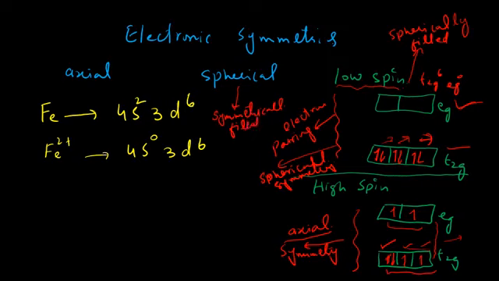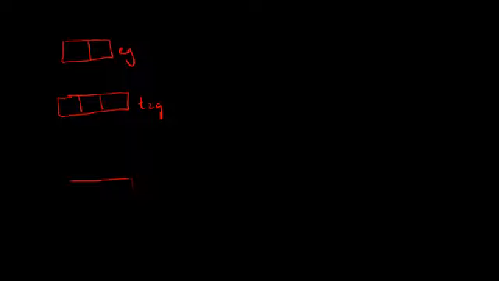Here I will give you some more examples of the axial filling and spherical filling. So let's suppose we have an octahedral complex. This one is the Eg level and this one is the T2g. Again I will draw this one, Eg, and this one is the case of T2g.